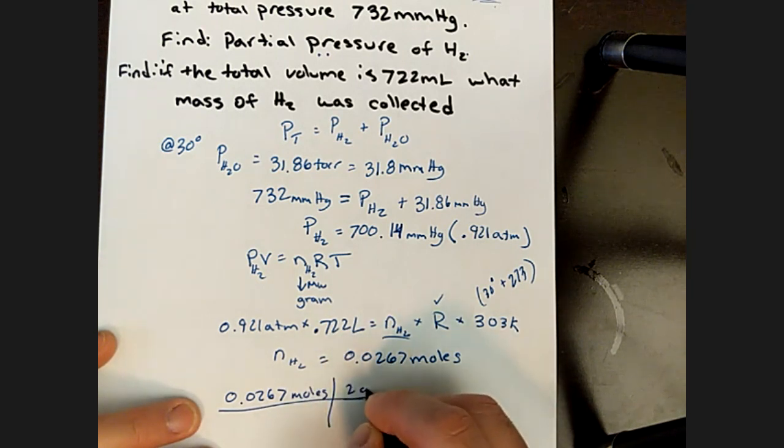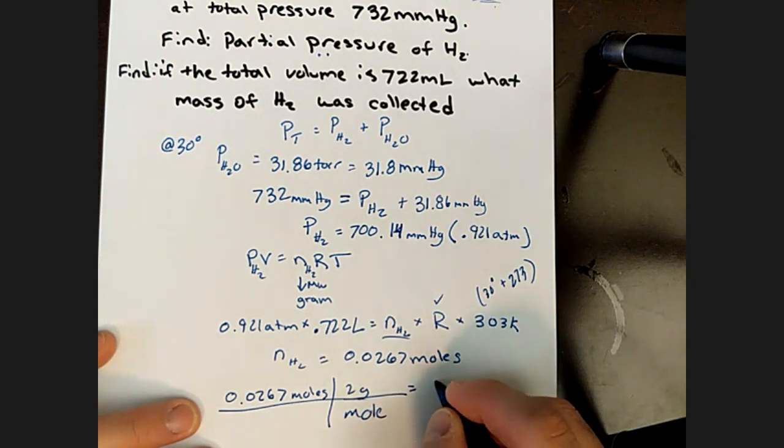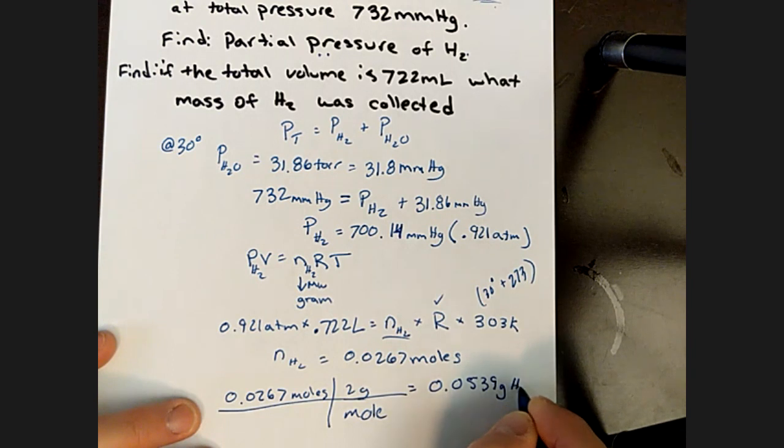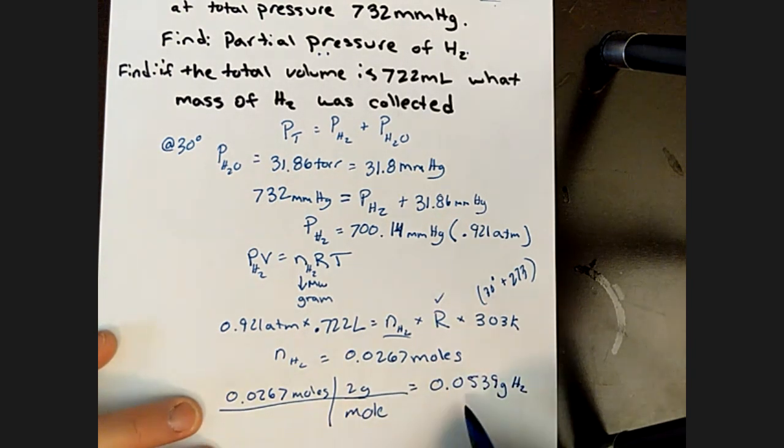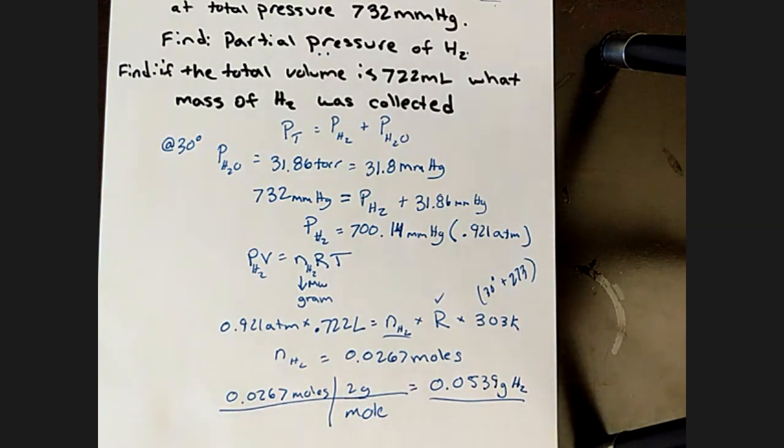Hydrogen is about 2 grams per mole. So we get 0.05 grams of hydrogen collected.